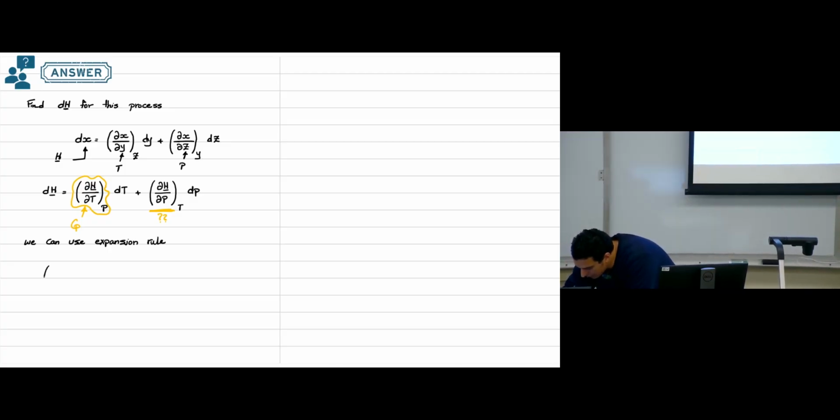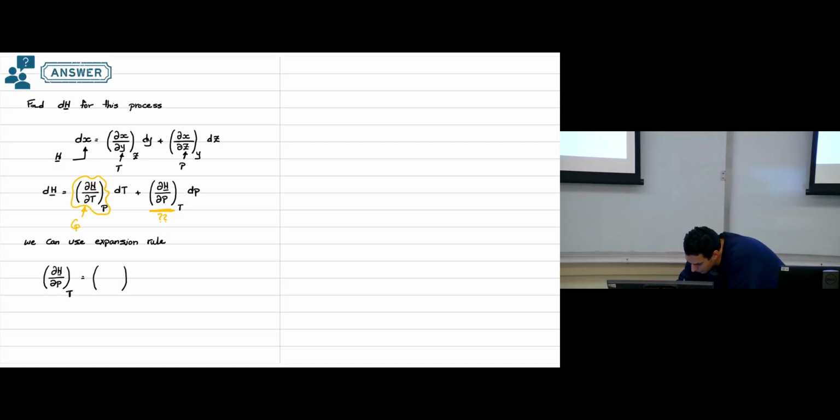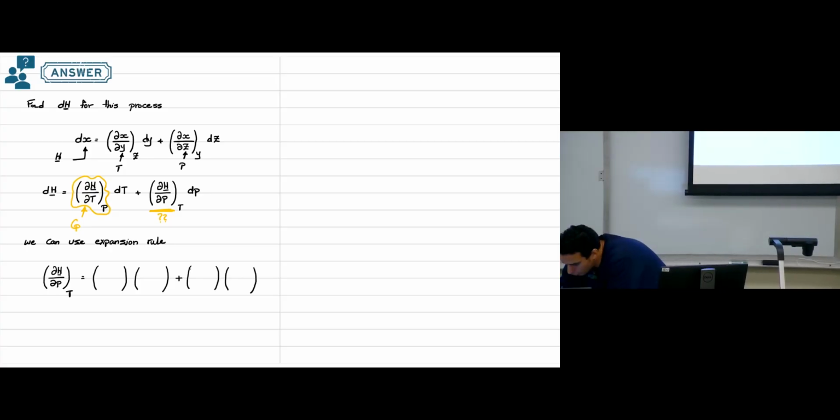In an expansion rule we will see dH by dP at constant temperature. Expansion rules, we will have 4 brackets. So this is 1, 2, plus 3, 4. And I start putting the variables.